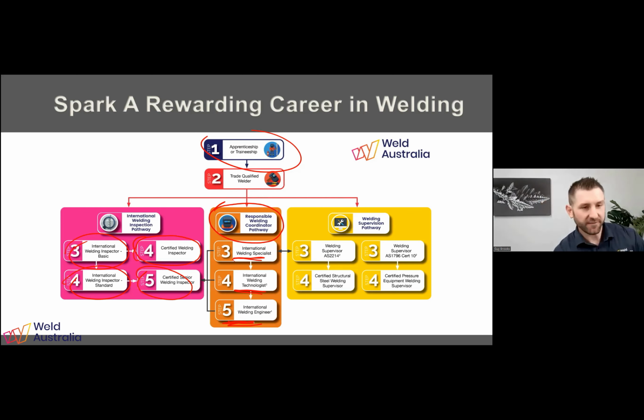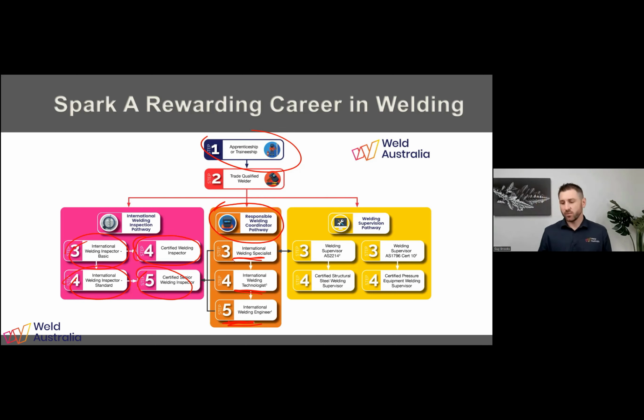Now, these 3 levels sit at what we call the coordinator level. So I suppose technically it sits above the welding supervision next to it. Someone who is an RWC would probably maybe have a Cert 10 or a 2214 working underneath them and a couple of IWIBs. So they look after the whole thing. It's not saying they have to, but that's sort of where the hierarchy sits.